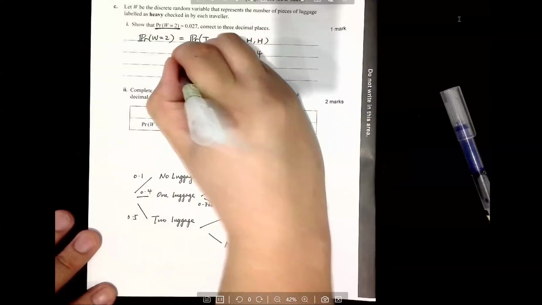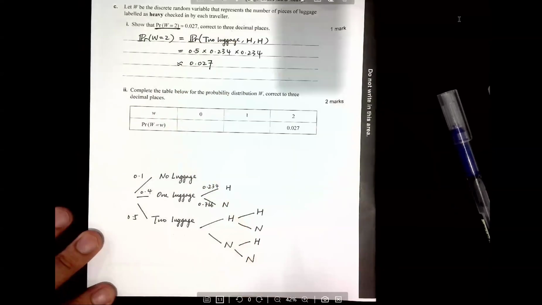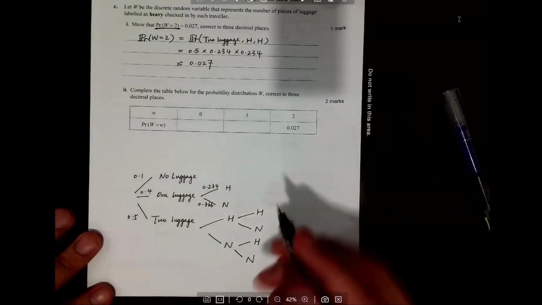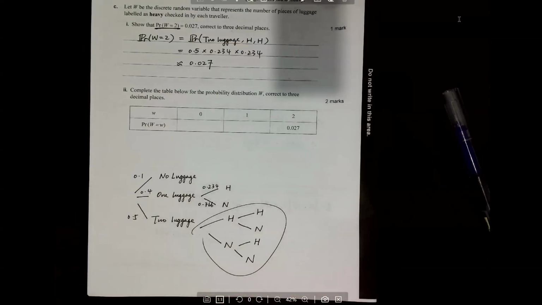And then you calculate and get roughly 0.027, etc. Okay? And for this 0 and 1, well, you have to be careful. For two luggage, this branch is a binomial distribution for all the combinations and permutations, all the possibilities.